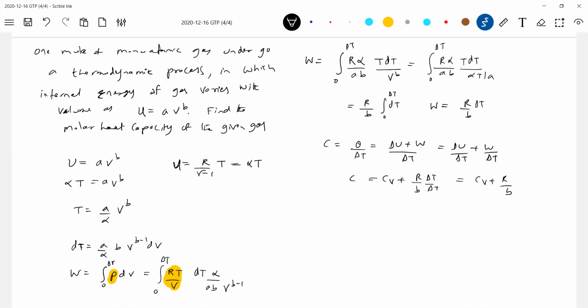Here also, you can make B negative, positive, whatever you can change. Again, as you change the value of B, let B equal to 0. What do we get? A and B are constants here.